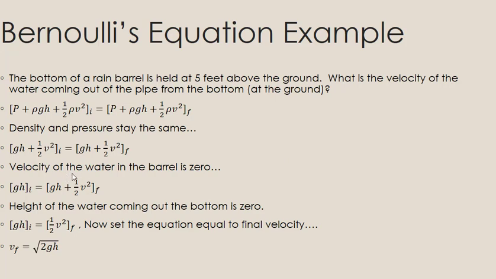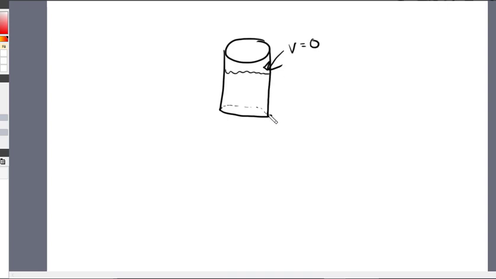Velocity of the water in the barrel is 0. So if you're talking about the water inside this barrel here, that velocity is 0. The barrel is standing up a particular distance, say 5 feet.